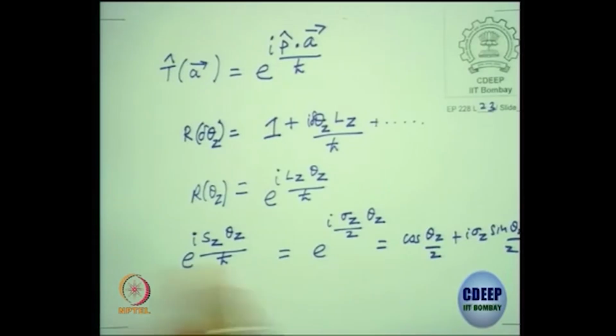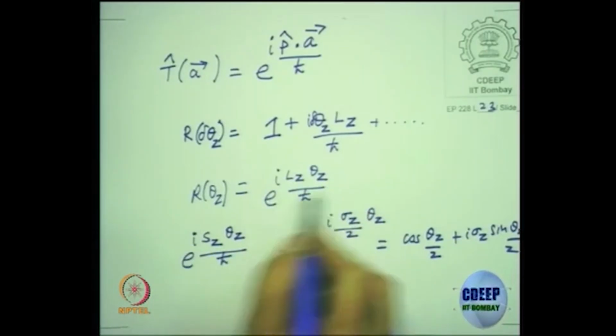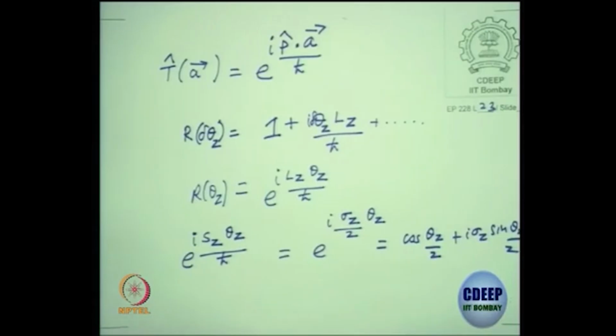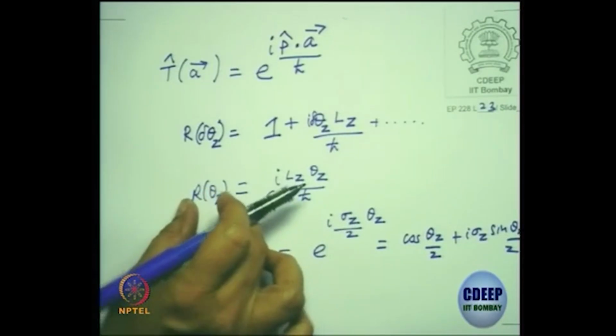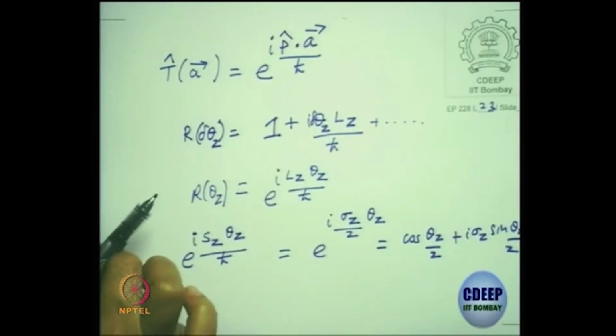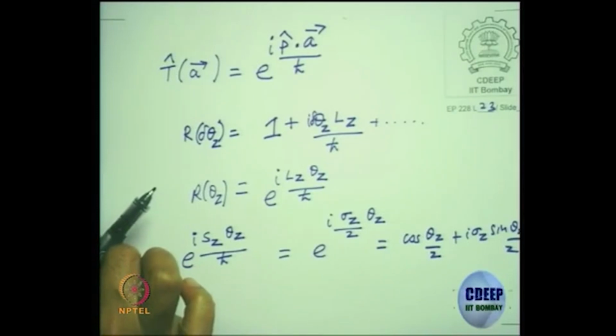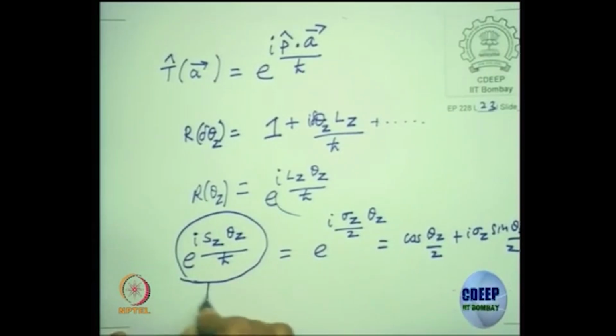So all these Pauli matrices show up in rotation in the internal space, and you have to be familiar with them. What is the nature of these operators? Are they unitary? These operators are unitary. If they have real entries, you can call them orthogonal. So these are in general unitary operators.